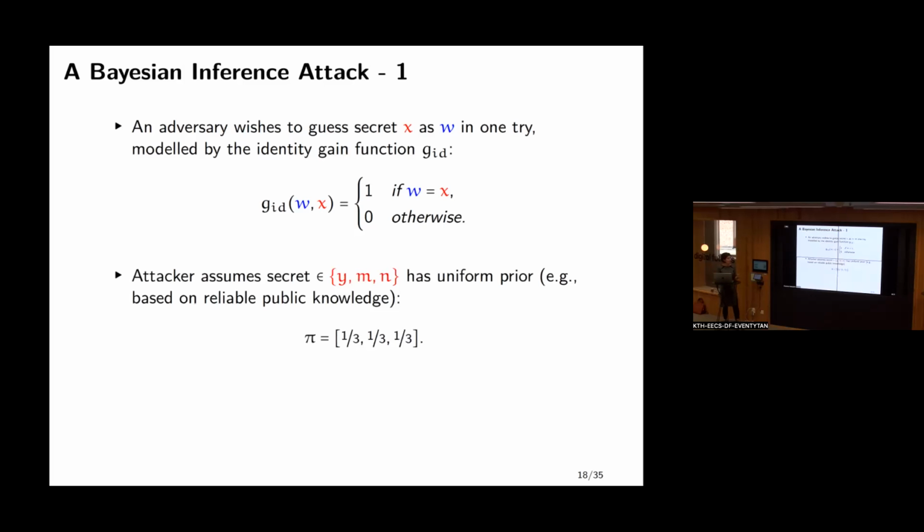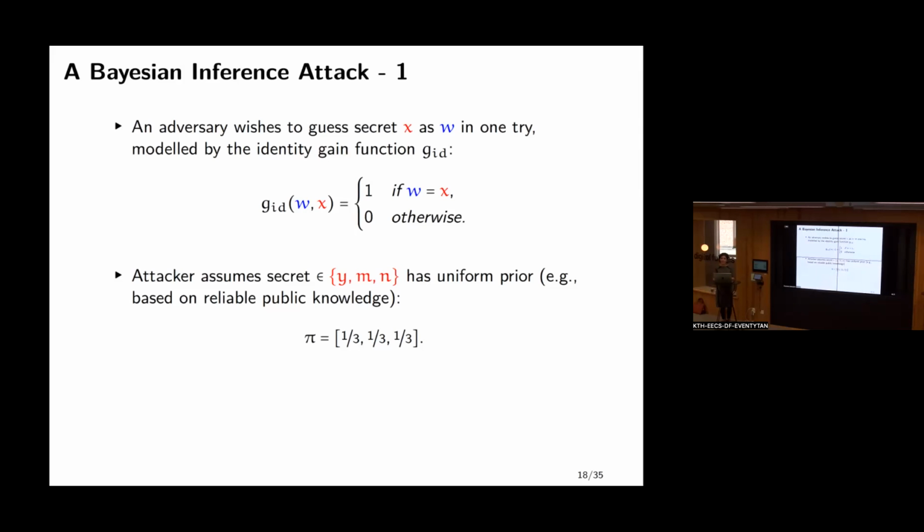Let's say the adversary assumes, in our yes, maybe, and no example, that the prior distribution is equally likely. This could come from some prior public knowledge, such as publicly available marketing data on the distribution of people liking a particular product. So pi, let's say, is 1/3, 1/3, 1/3.